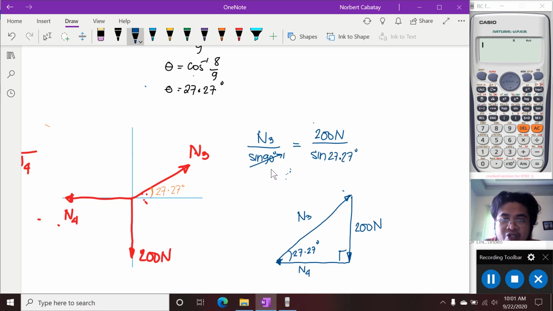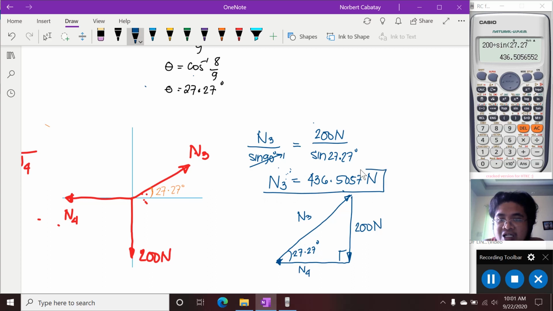So, kung ito ay 1, n3 na lang yan is equal to 200 divided by sine 27.27 degrees equals, ayun, you have 436.5057 newtons. Yan si n sub 3.